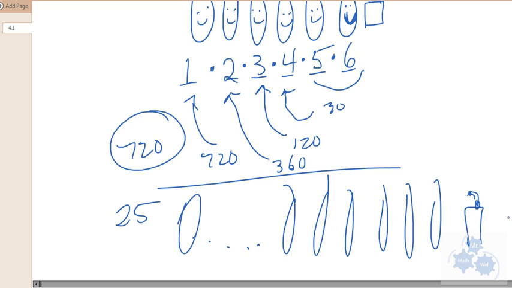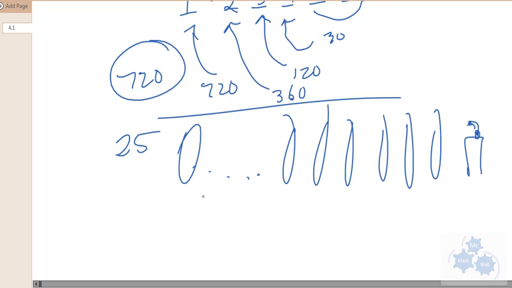So how could I find the number of permutations for the order in which these kids could line up? Does it make sense that we would do the exact same thing, right? And we would start off with, and it doesn't matter where you put the number, of course, but you'd have 25 kids could fill that first spot. Once that's taken, 24, 23, and so on, all the way until you get down to the last one, right?